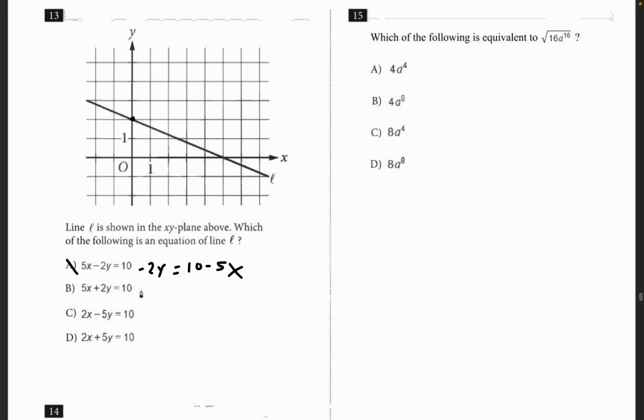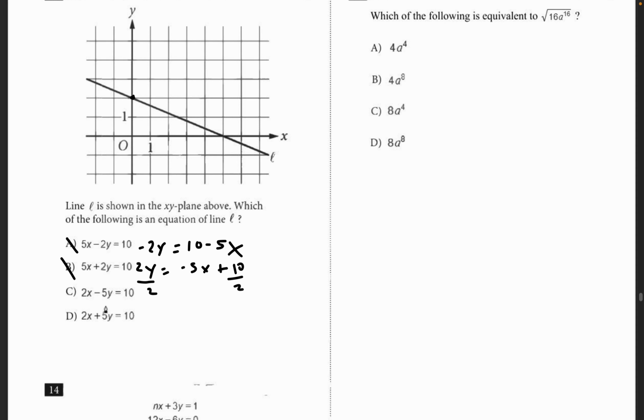Yeah, this one you get a positive. So it will be 2y, and you get a negative slope. 2y equals negative 5x plus 10. So that means you get a slope-intercept form. Oh, but this is wrong because this gives you a y-intercept of 5. So that's wrong. So we can use the same one here, but 2x plus 5y equals, yeah, maybe it's this one. Because if you were to subtract 2x and then divide by negative 5, you get a positive slope, so it's D.